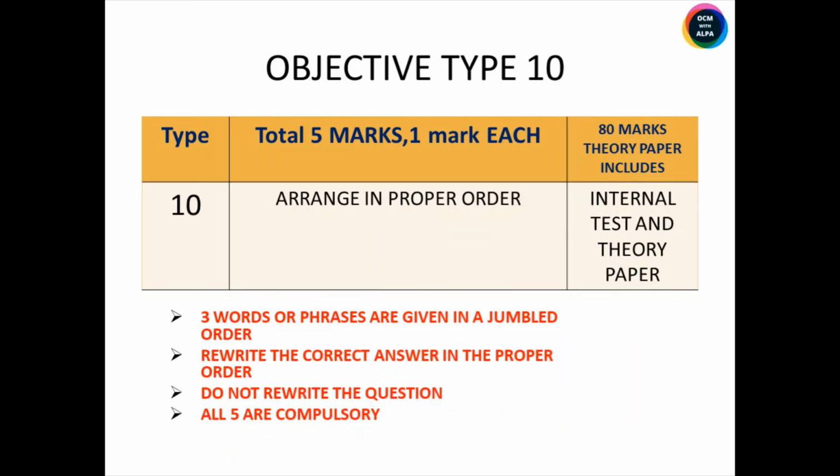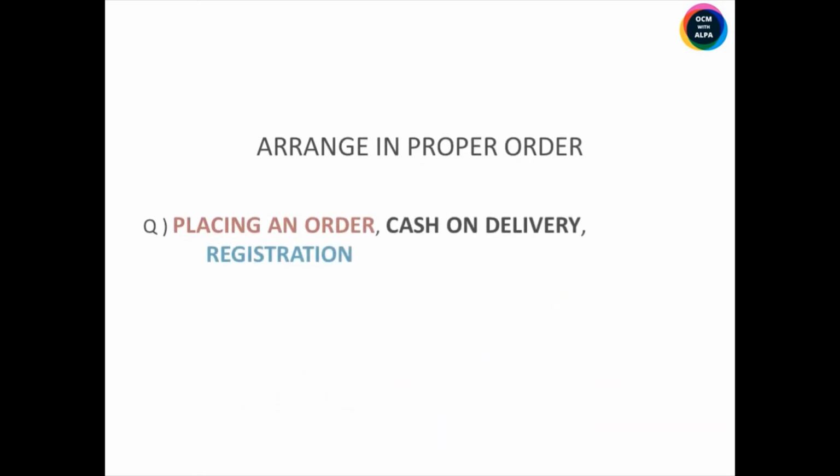Going to the last type now. We see here the arrange in proper order. You'll be given 3 words or phrases, and they'll all be in a jumbled up order. You have to rewrite the correct answer by arranging those 3 words or phrases in the correct order. It is not required for you to rewrite the question, but please make sure that when you're giving the answer, you will be mentioning the proper order.